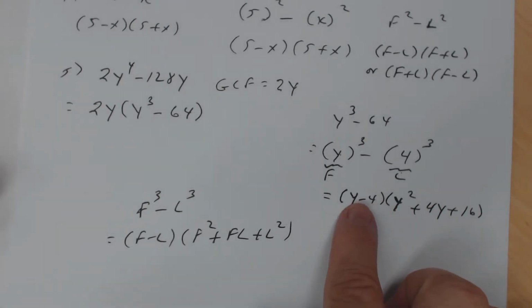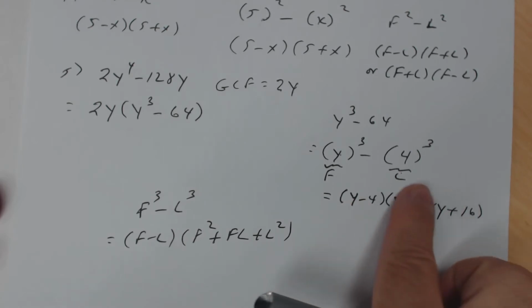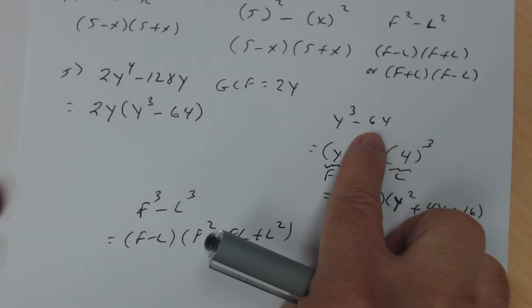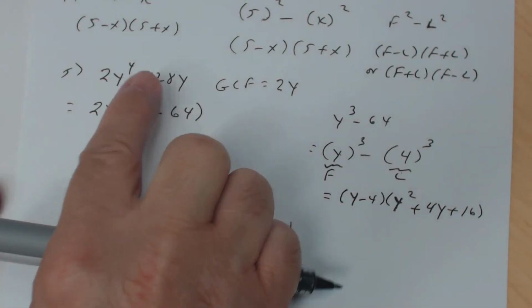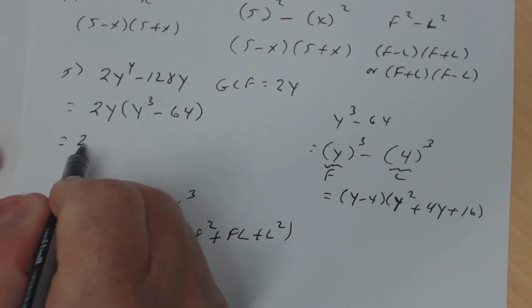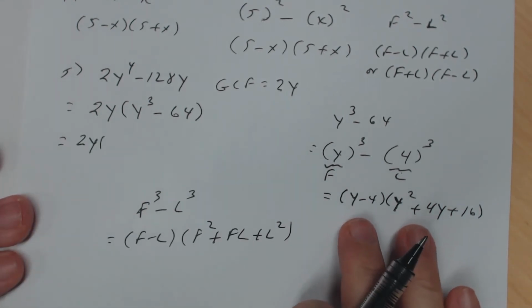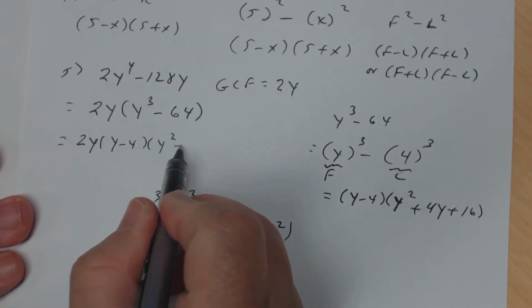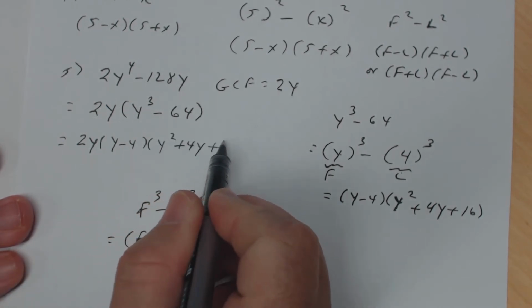So now, don't forget though, that's not your answer to the original problem. That right here is the answer to this. But the original problem had this. That's where you took out the GCF of 2y. So the answer is going to be 2y times this: y minus 4 times y squared plus 4y plus 16.